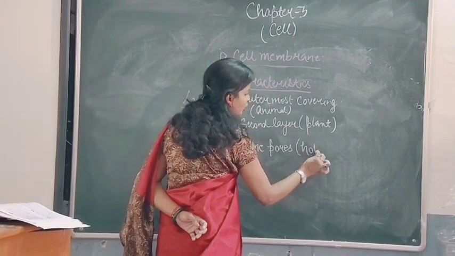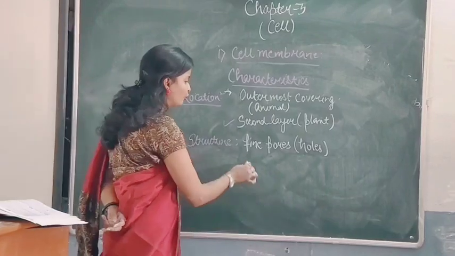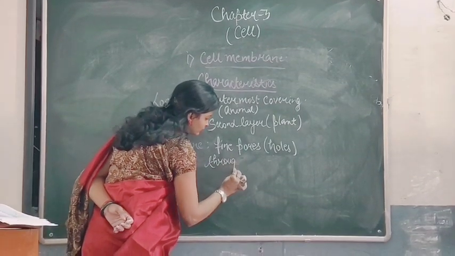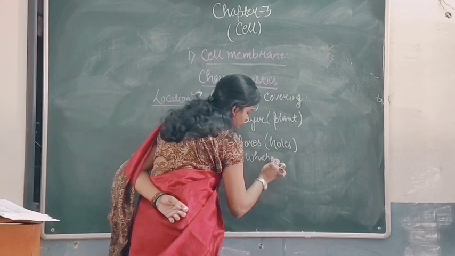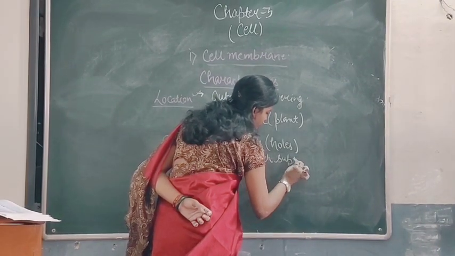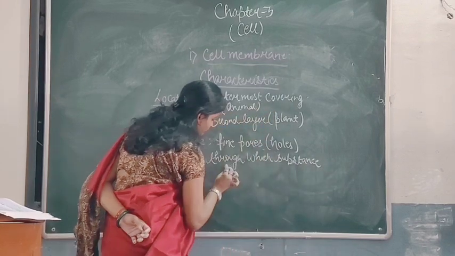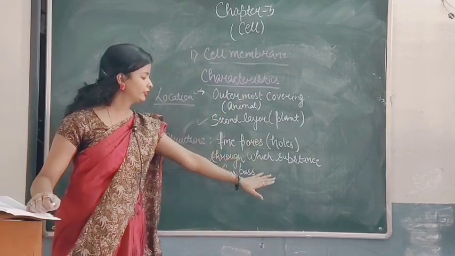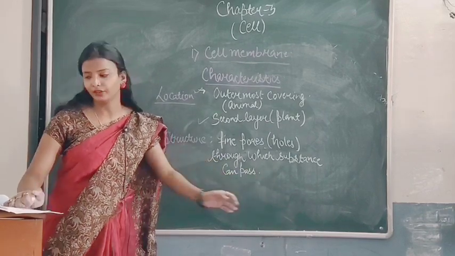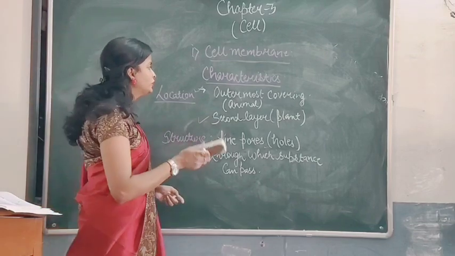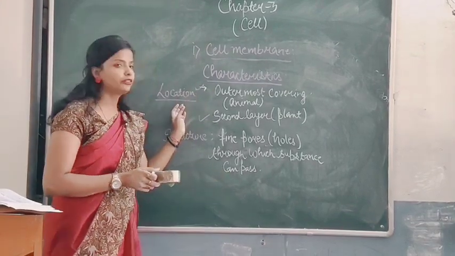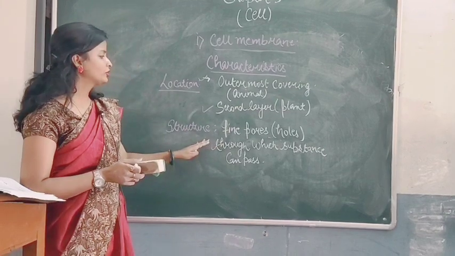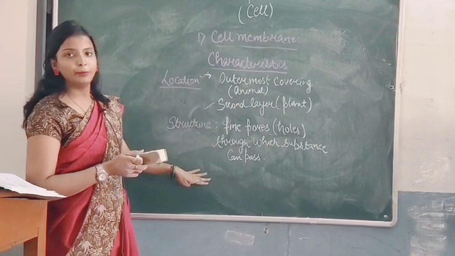Pores means holes. Fine pores or holes through which the substance can pass, and it allows only certain molecules to pass. So under characteristics, the location is the outermost covering in animals and the second layer in plants. Then the structure: they have fine pores or holes through which substances can pass.